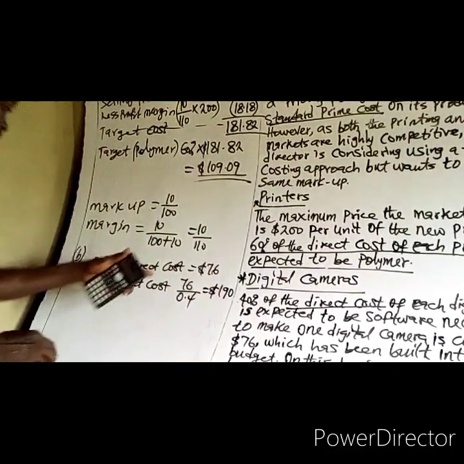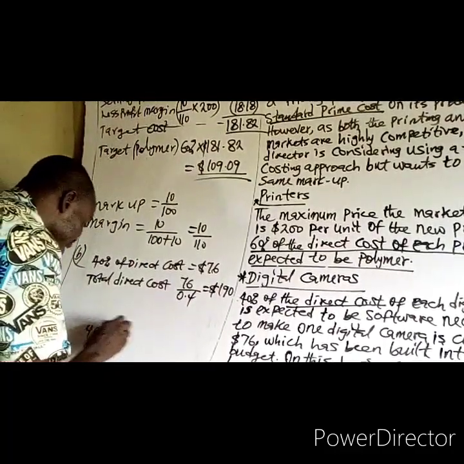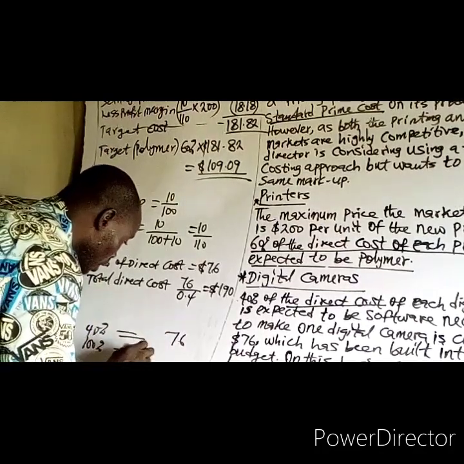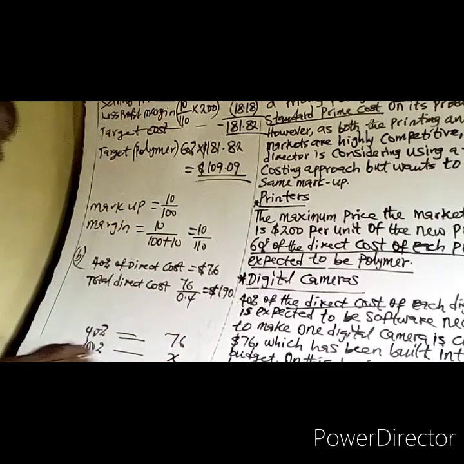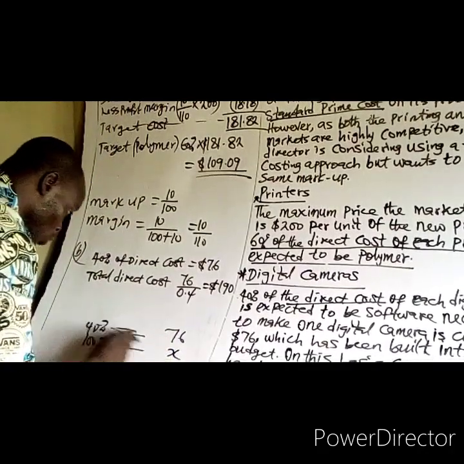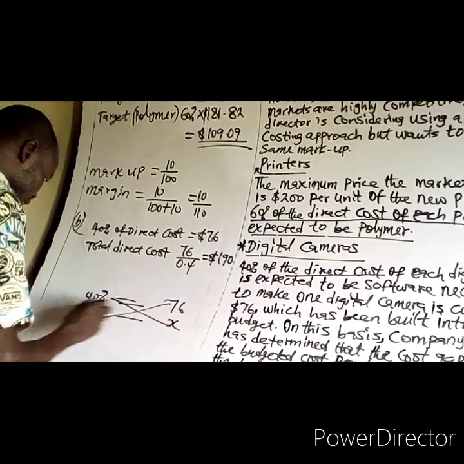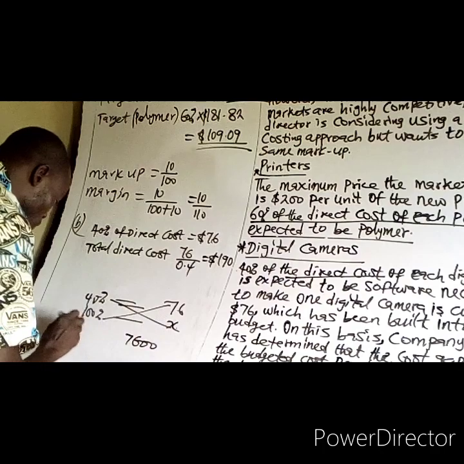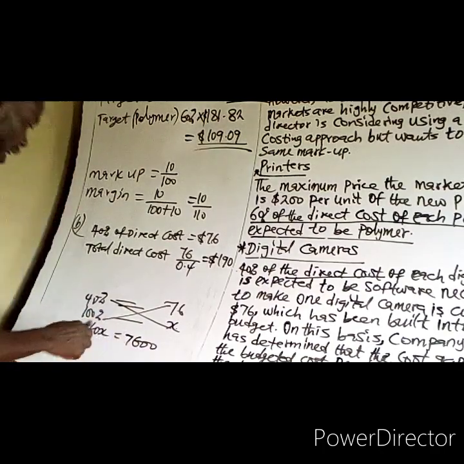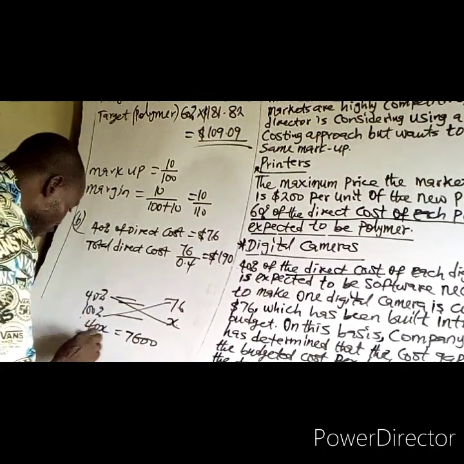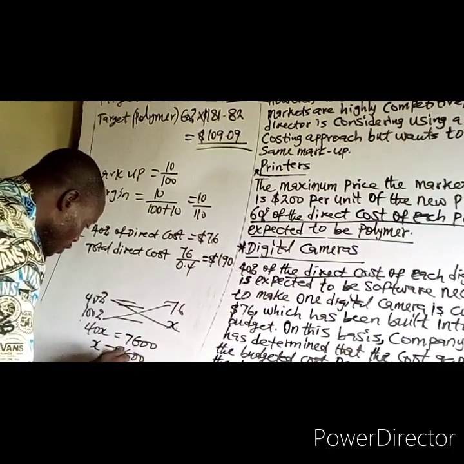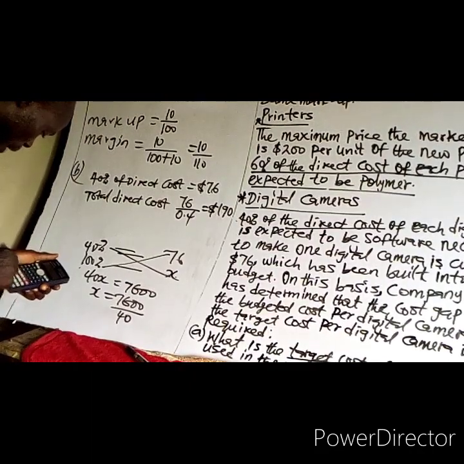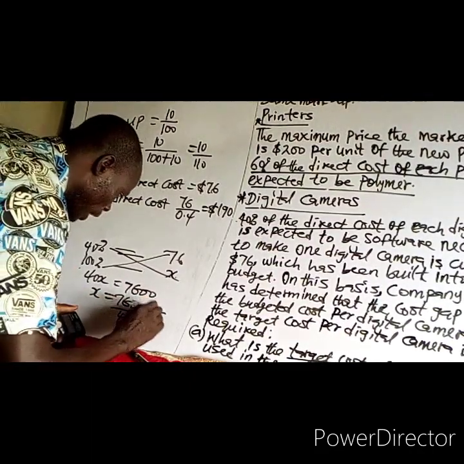Alternatively, if 40% is 76, what we need is 100%. 100% is unknown. So to solve for x, you just cross multiply. 76 times 100 will be 7,600. 40 times x will be 40x. 40x is 7,600. To get the value of x, we divide both sides by 40. So that will be 7,600 divided by 40, and that will give us 190.